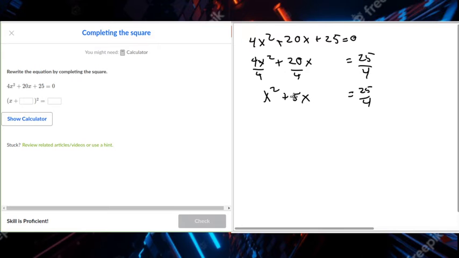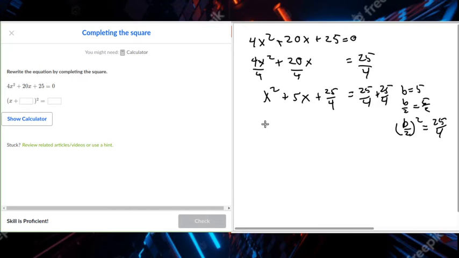And now this is the first time we're going to have numbers that don't come out. Our b is 5, so our b over 2 is 5 halves, so our b over 2 squared is equal to 25 fourths. So I'm going to have to add 25 fourths on both sides.